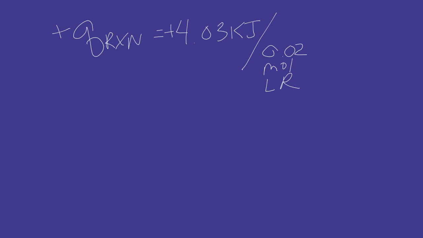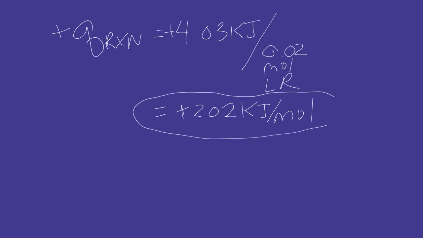So that's not the moles of the product, but the moles of the limiting reagent. And so we get 4.03 divided by 0.02. And we get Q for the reaction is positive 202 kilojoules per mole.